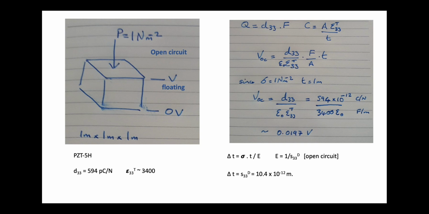So not exactly the same. And that might be because I got this value here from the literature somewhere else. And that I might actually be putting in a slightly different value of S33D by putting in the compliance, the stiffness matrix that I've put in.